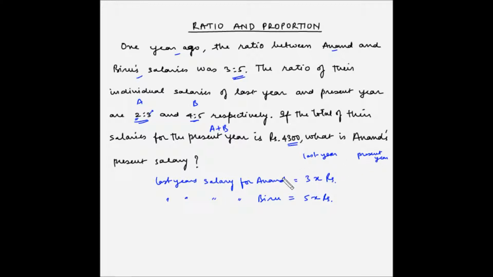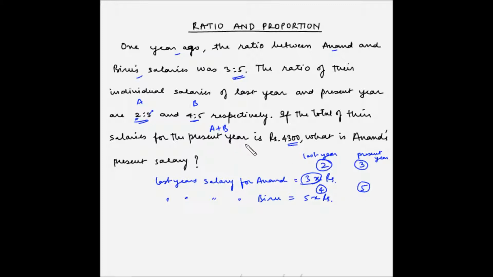So the ratio of Anand's salary for last year to current year is 2:3, whereas for Biru the ratio of last year's salary to this year's salary is 4:5. So basically this 3x is nothing but these 2 parts out of the 5 parts of Anand's total salary for last year and this year.